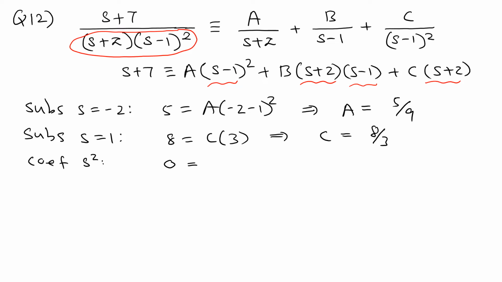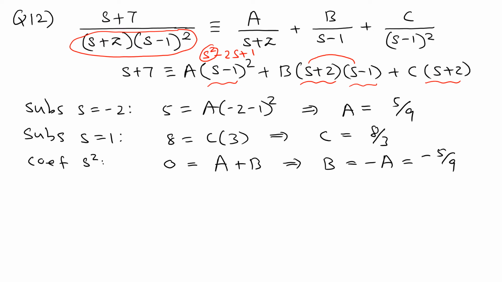But when you distribute the first term, S squared minus 2s plus 1, there is an S squared term, so the coefficient has to be A, because when you have S squared, you multiply by A. And there's also an S squared term coming from these two, so the coefficient is B. There are no more squared terms, so B has to be just the negative of A, so that means negative 5/9.